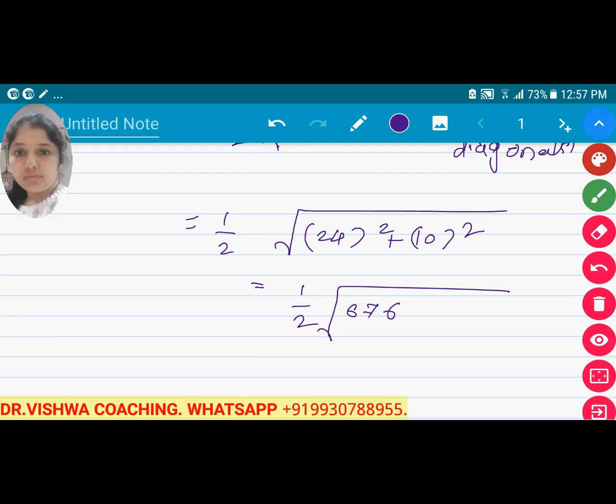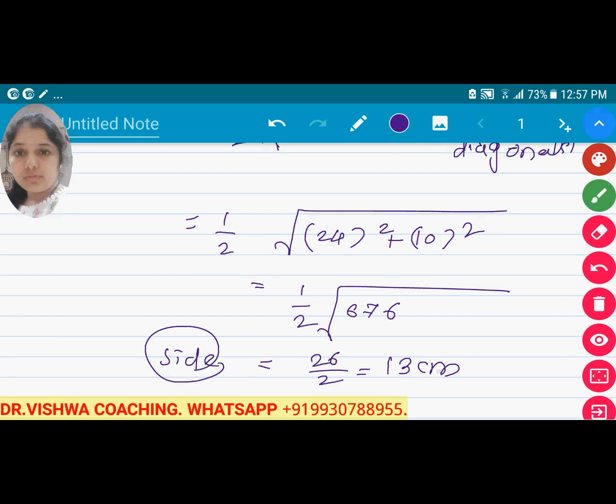So the addition is 676. Okay. Now 676 is the square of 26. So 26 divided by 2 is equal to 13 centimeter, which is the side of the rhombus.